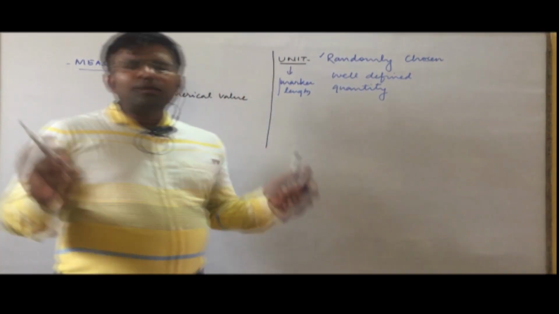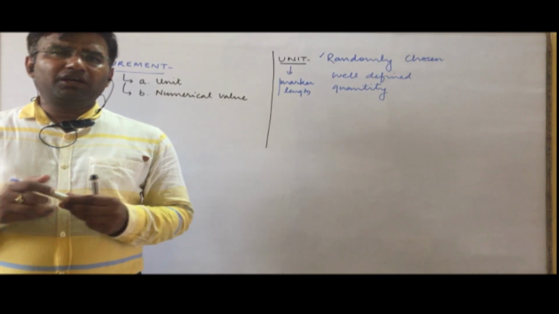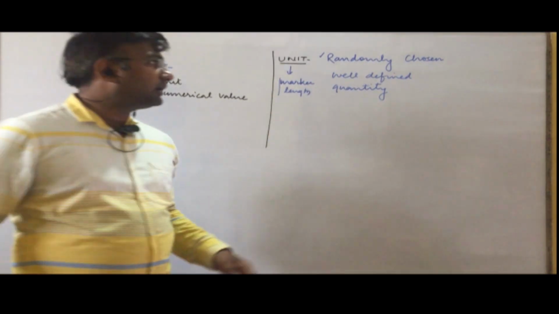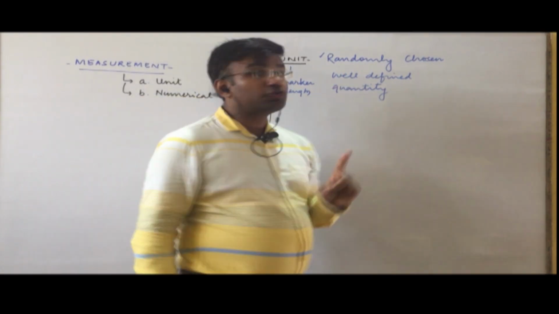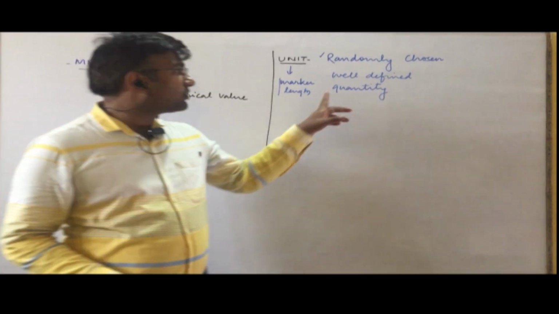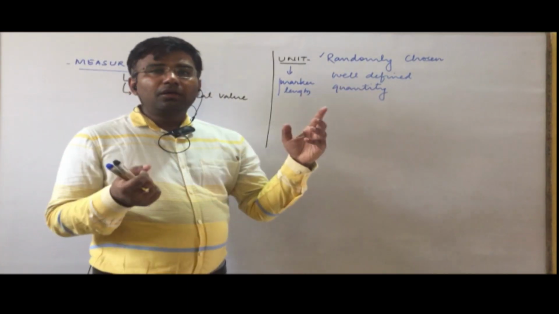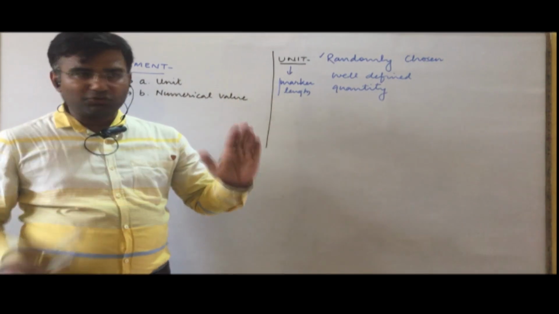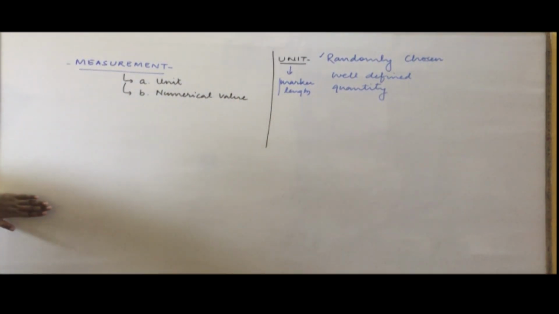A unit can be anything. You can take anything to be a unit. A marker length, your hand, your palm, anything can be a unit. Second is it should be well defined. Now please consider this. This is something which you can do at home also. Suppose I take the length of the palm as 1 unit and I start measuring this board. You can measure a table.